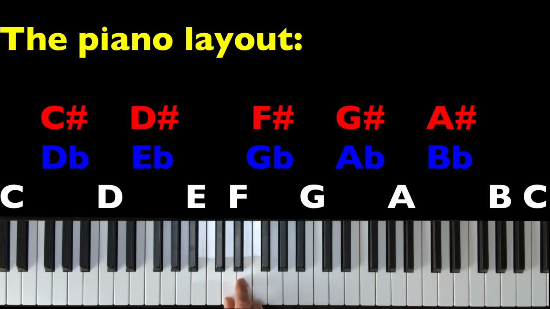So our D major scale has F sharp and C sharp in it. It's not G flat or D flat again, because that would muck up the alphabetical sort of run. So we have D, E, F sharp, G, A, B, C sharp, D.